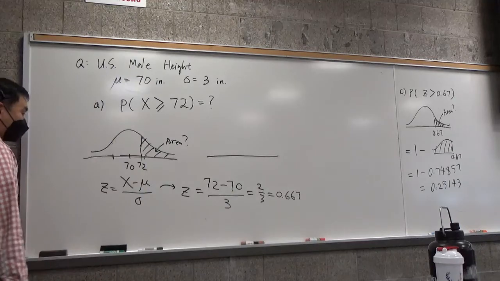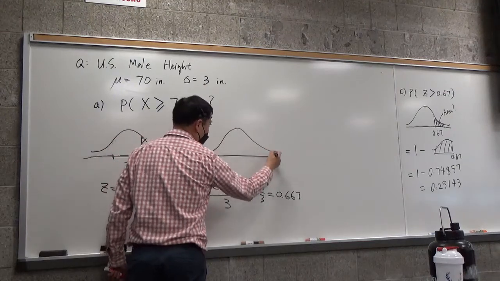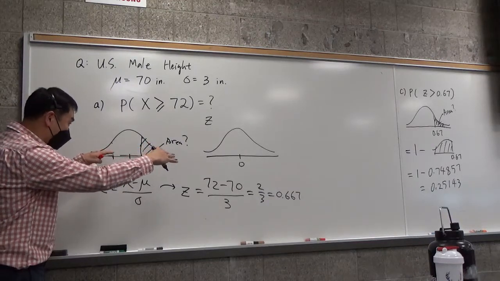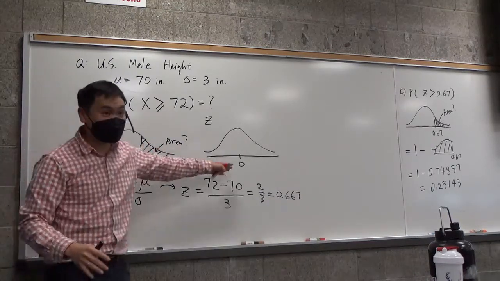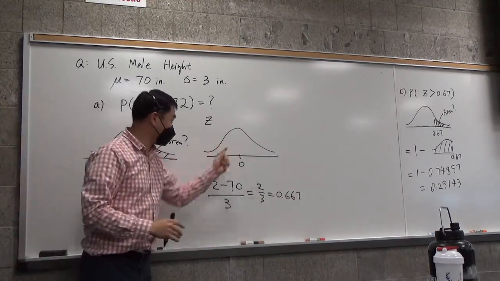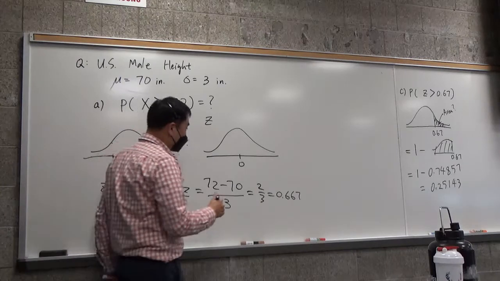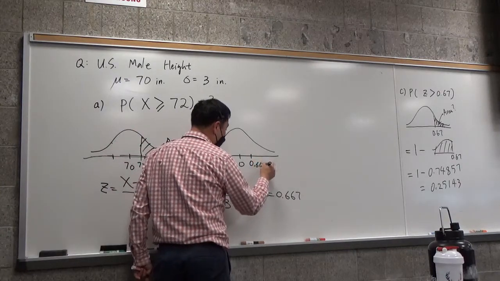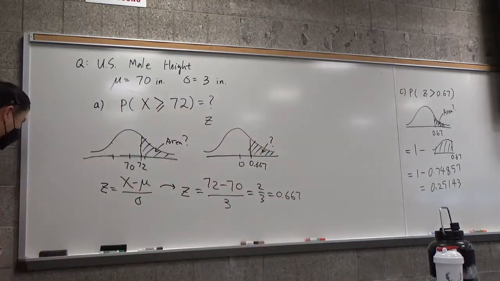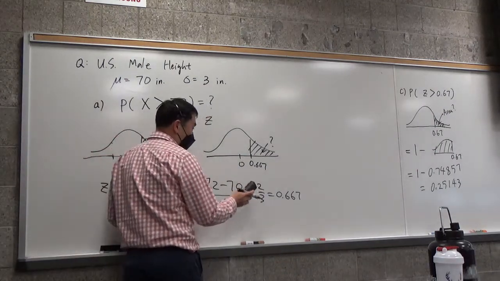So in terms of the z-score, which is now centered at 0, subtracting the mean value shifts everything by 70 so that now it's centered at 0. And dividing by 3 makes it closer so that the standard deviation is standardized. It's 1. So now you have the z-score, and here is 0.667. And we're trying to find this area. Now, unfortunately, our table doesn't have the value for 0.667, so we'll have to round it to the nearest, which is 0.67.